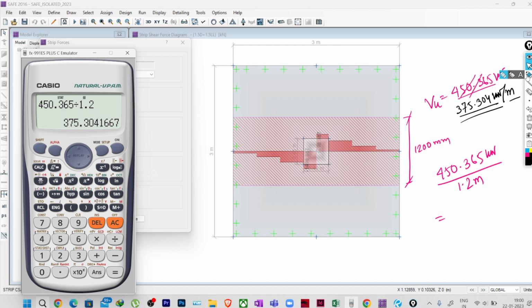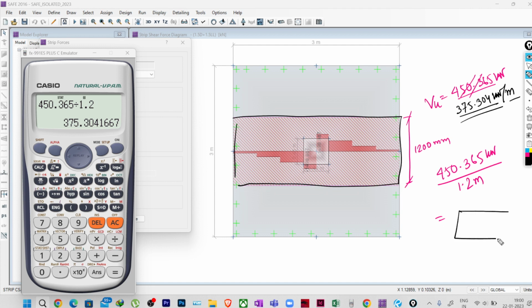Let us just consider this as a beam. This beam is of 1200 by 800. For tension, what is the minimum reinforcement required for a beam?